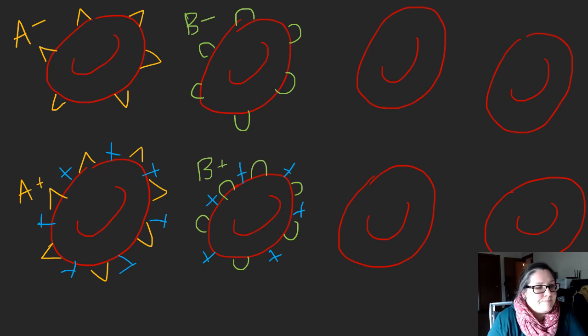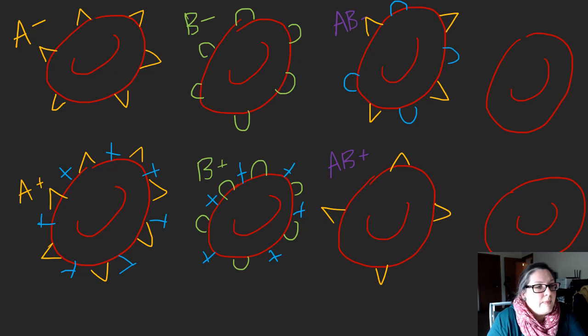That's another one. AB, of course, we get even more complicated here. AB negative, we have AB positive. So AB negative has both A and B surface antigens. And AB positive has all 3.